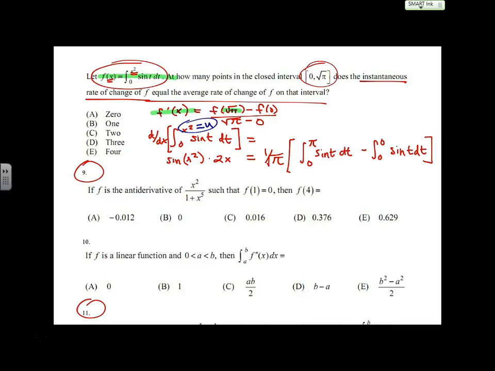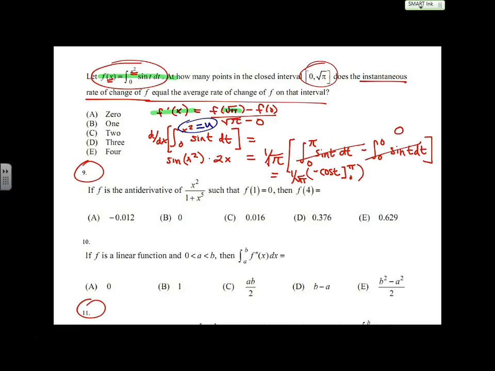What's the integral from 0 to 0 of anything? Sweet, well that's easy. What's the integral from 0 to pi of sine of t dt? You have to plug in, but hold on, don't we have to antiderive first? What's the antiderivative of sine of t? Negative cosine of t from 0 to pi, times 1 over root pi.